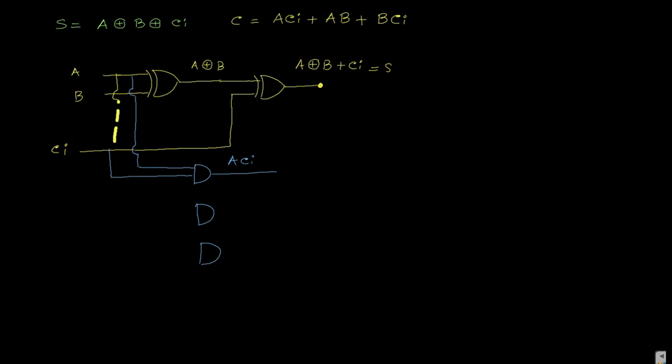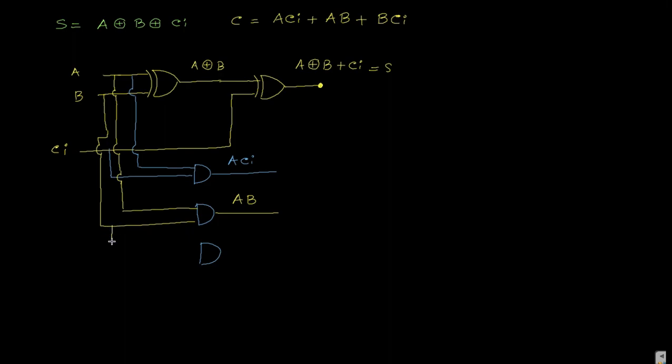So this is your one input A, and this is your one input B. So the output is AB, and the third one is B and Ci.